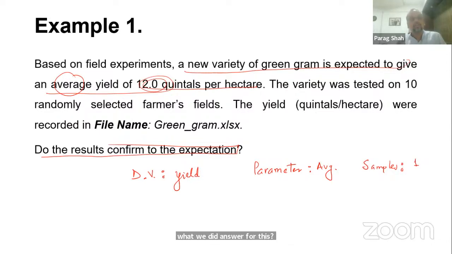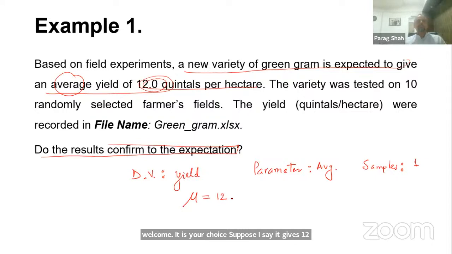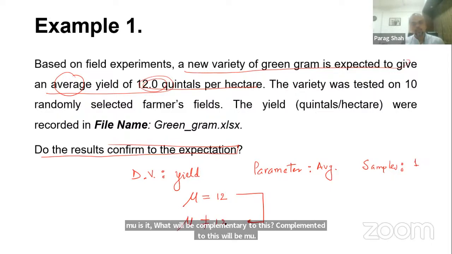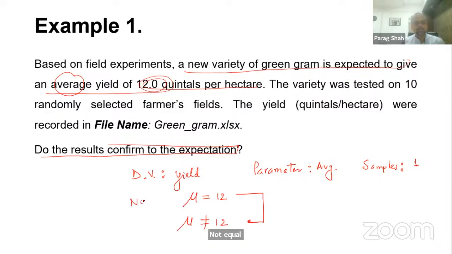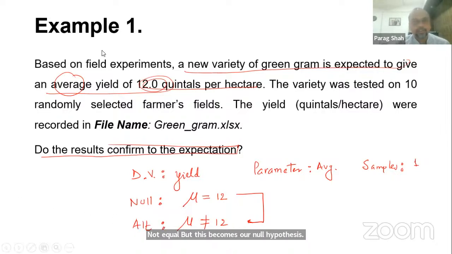Yes, it gives 12 quintals, or we can say it does not give 12 quintals. It is your choice. Suppose I say it gives 12 quintals. On an average, it gives 12 quintals per hectare. So mu is equal to 12. What will be complementary to this? Mu not equal to 12. So this becomes our null hypothesis, and this becomes our alternate.